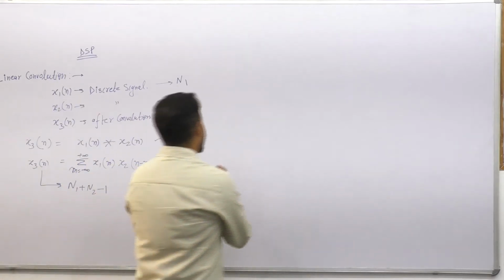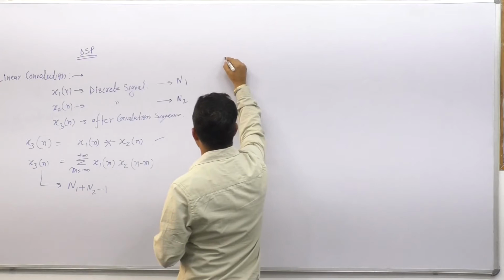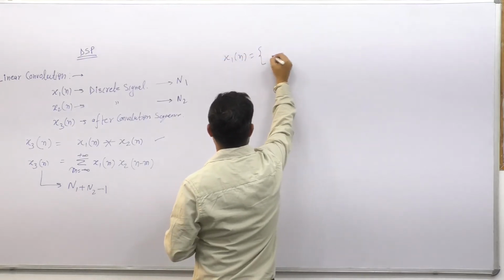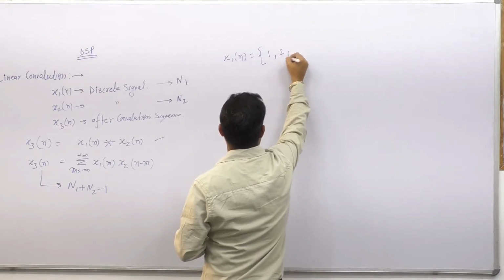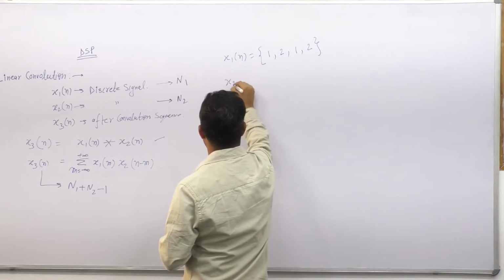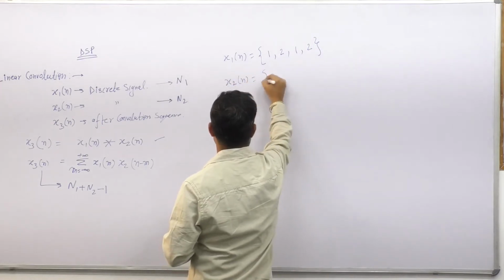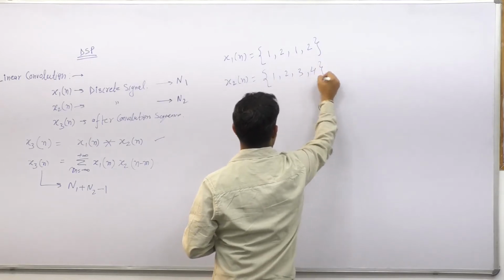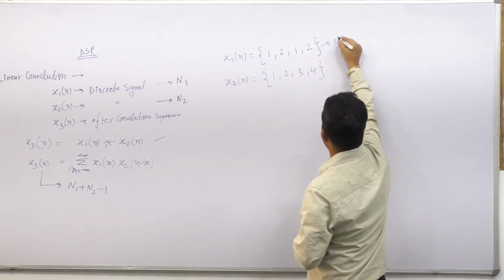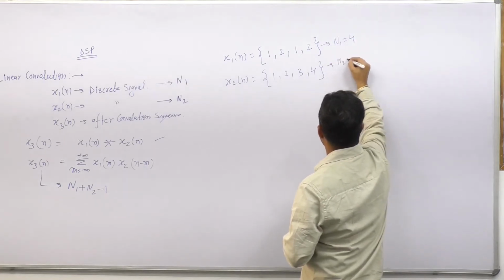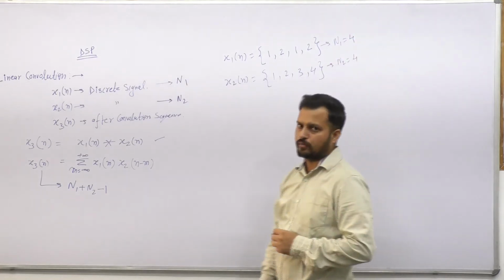This is one method. If we talk about the computation, let's consider an example. This is x1(n), which I am describing as 1 2 1 2. This is one sequence. Next is x2(n), which we take as 1 2 3 4. So n1 is equal to 4 points, and n2 is also 4 points.